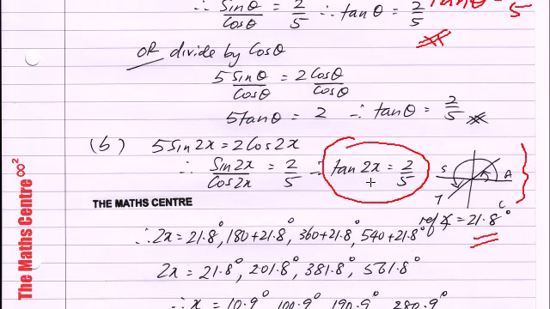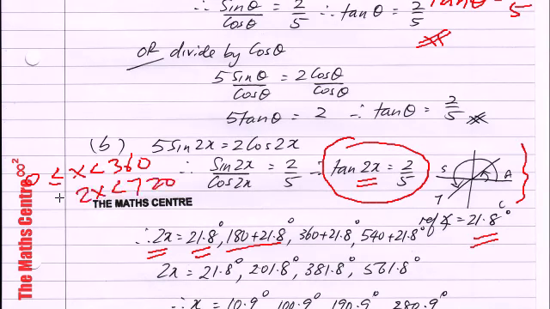Now remember, this is 2x, so our left hand side here is 2x. The first angle is just 21.8. The second angle will be 180 plus 21.8, and the third angle, because we are dealing with 2x here, x is between 0 and 360, so therefore 2x must be between 0 and 720.